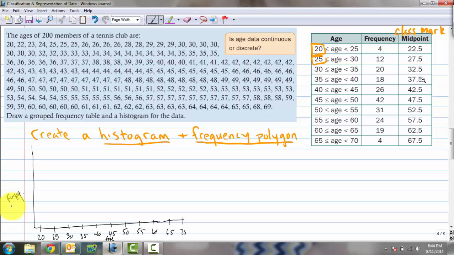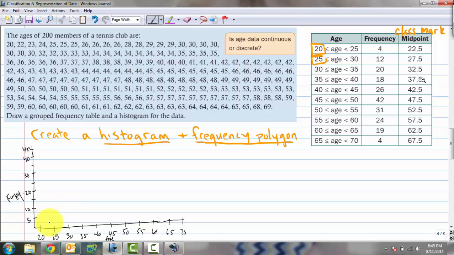And so how high do we have to go? We have to get all the way up to 42 for this count right here. I'm going to go by 5s. And again, evenly spacing this. And now we can draw our bars.